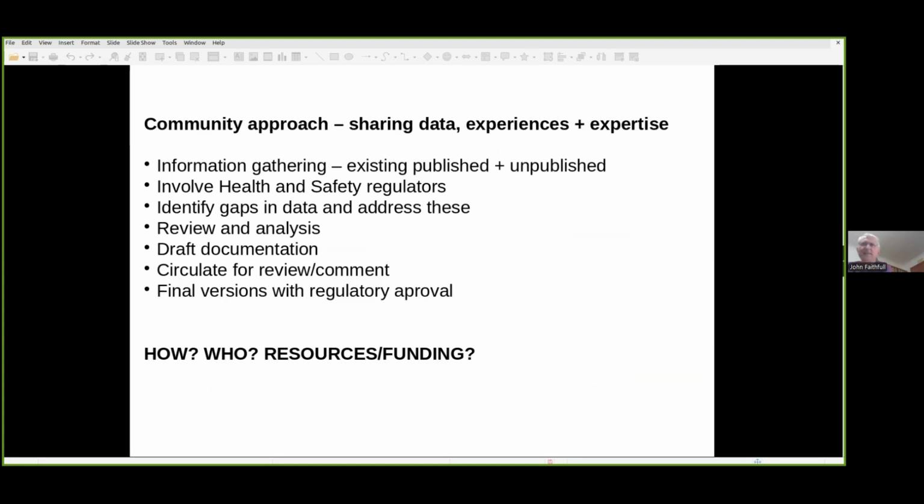And the key thing is, I think this needs to be a community approach. We need to share data, we need to share experiences, we need to share expertise. I know actually that an experiment has been done, at least one, on geological lab preparation of rocks involving chrysotile and actinolite-bearing serpentinites, I think.